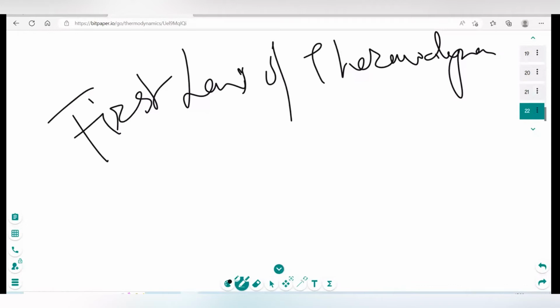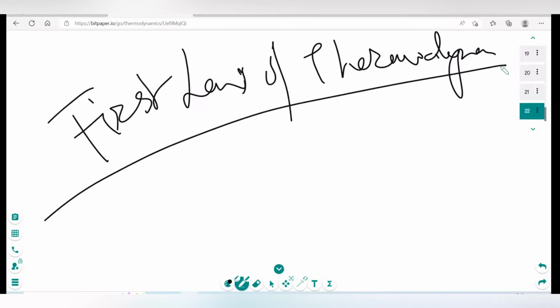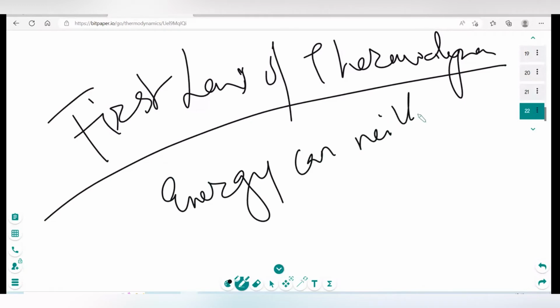It can only be transferred from one system to another, right? And that is what our first law of thermodynamics states. Energy can neither be created nor destroyed.